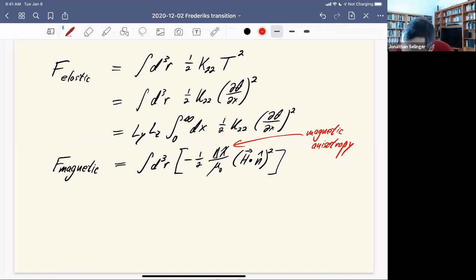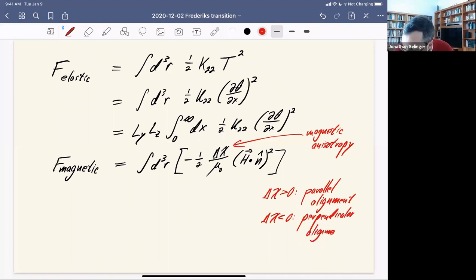Okay? So delta chi positive means it favors parallel alignment, and delta chi negative favors perpendicular alignment. And mu naught is a fundamental magnetic constant, whatever that's called, permeability of free space.